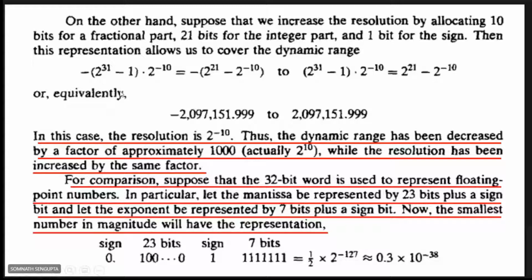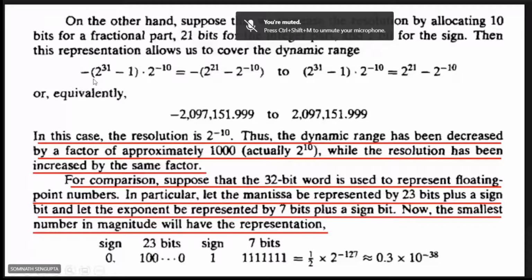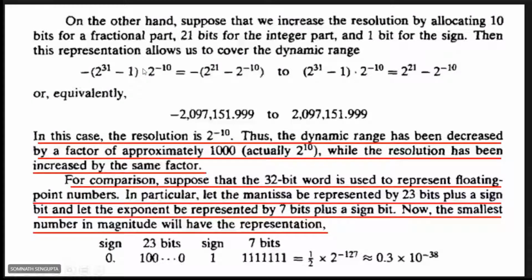The lowest number is minus 2 to the power 31 minus 1, the magnitude, multiplied by 2 to the power minus 10.